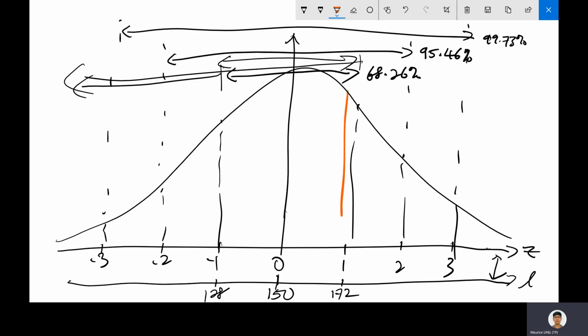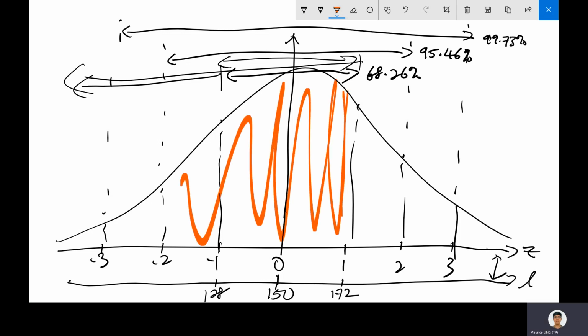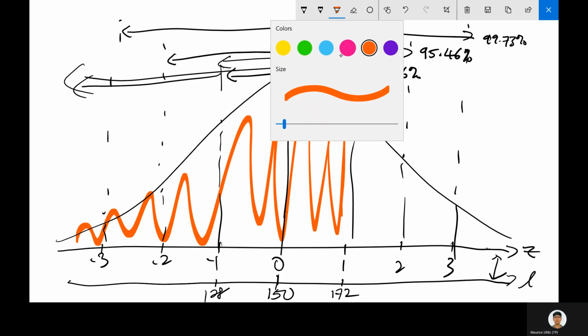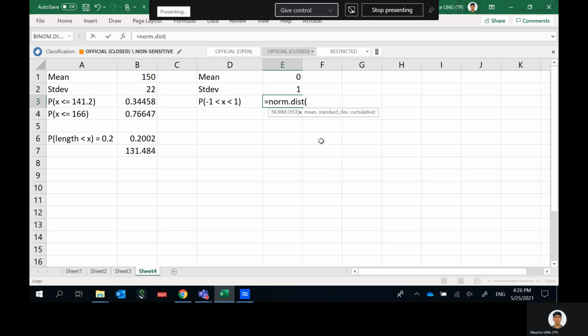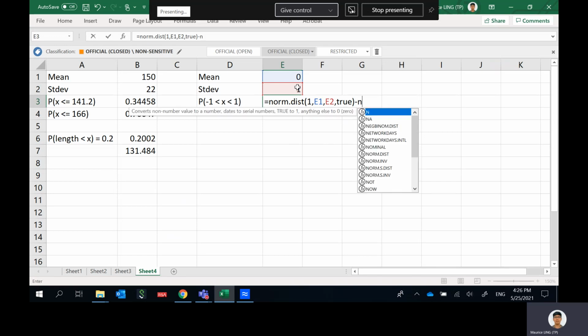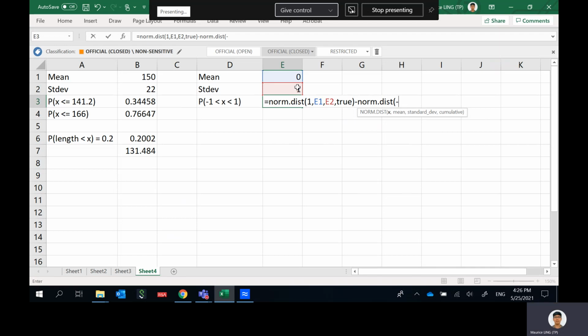Okay, you are taking the orange minus the blue to find just orange. Okay, similar context. So you take 1, mean 0, standard deviation 1, and then you want the cumulative minus the normal distribution again, which now is minus 1.